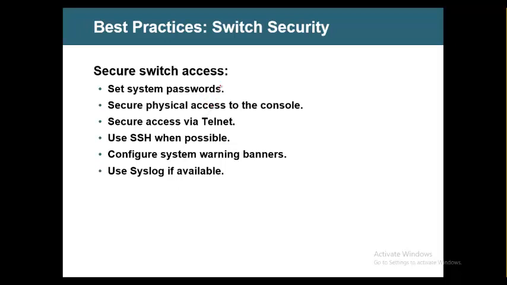So the good practices to secure switches: put the system password, physically lock the room so that no one will enter the room and change the wirings or configurations. Try to use SSH, not telnet. If you're using telnet, try to use some secured access like a secured enable password.